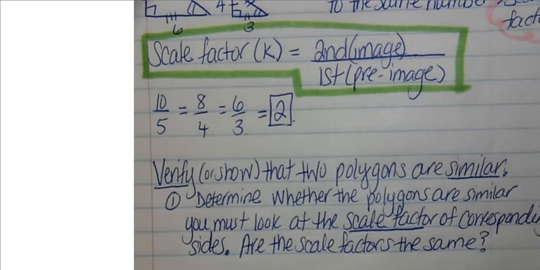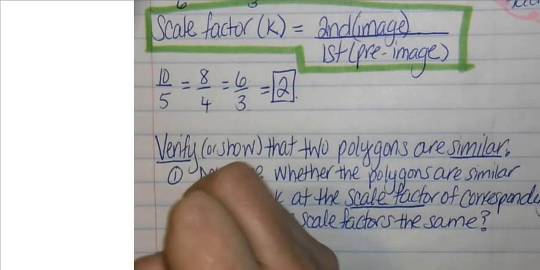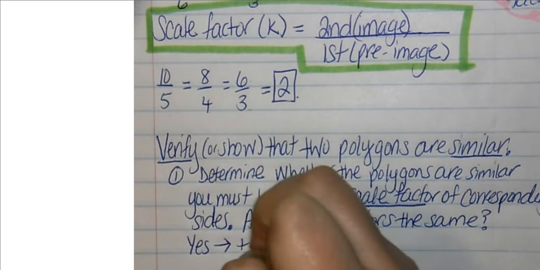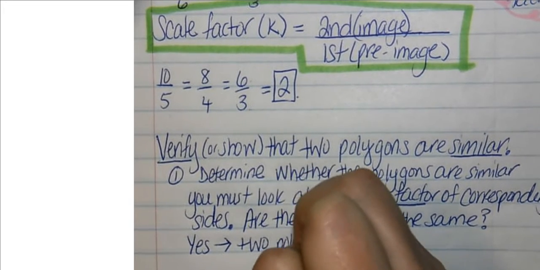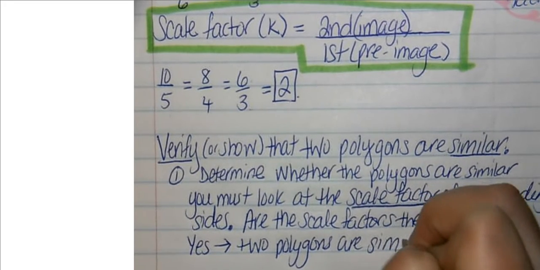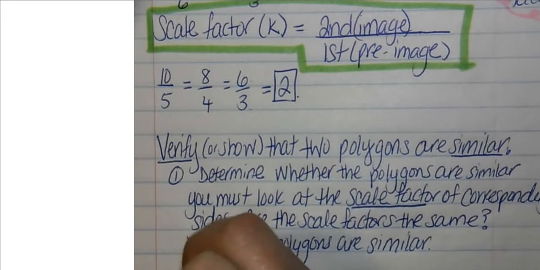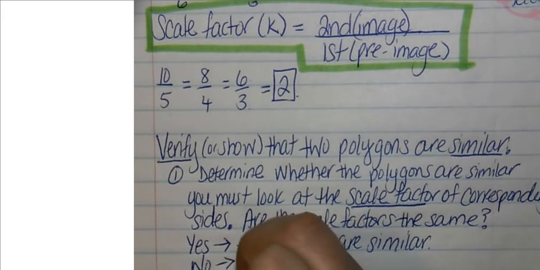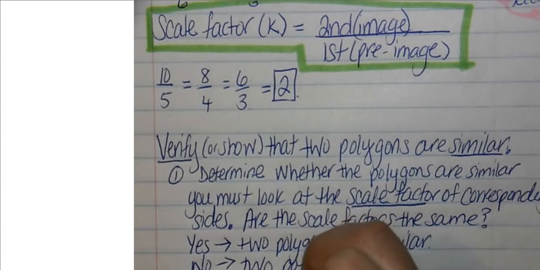If the answer is yes, then the 2 polygons are similar. If the answer is no, then the 2 polygons are not similar.